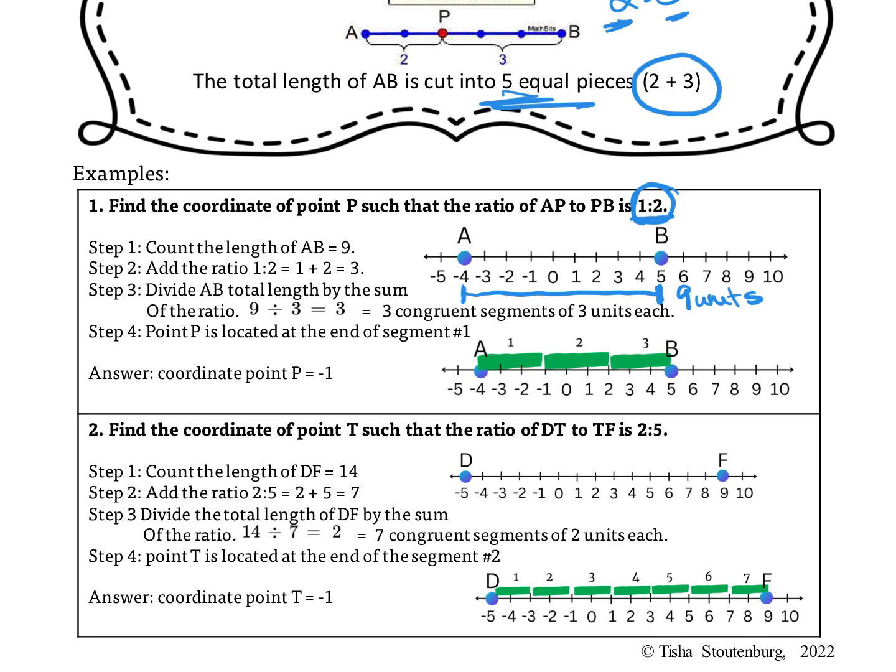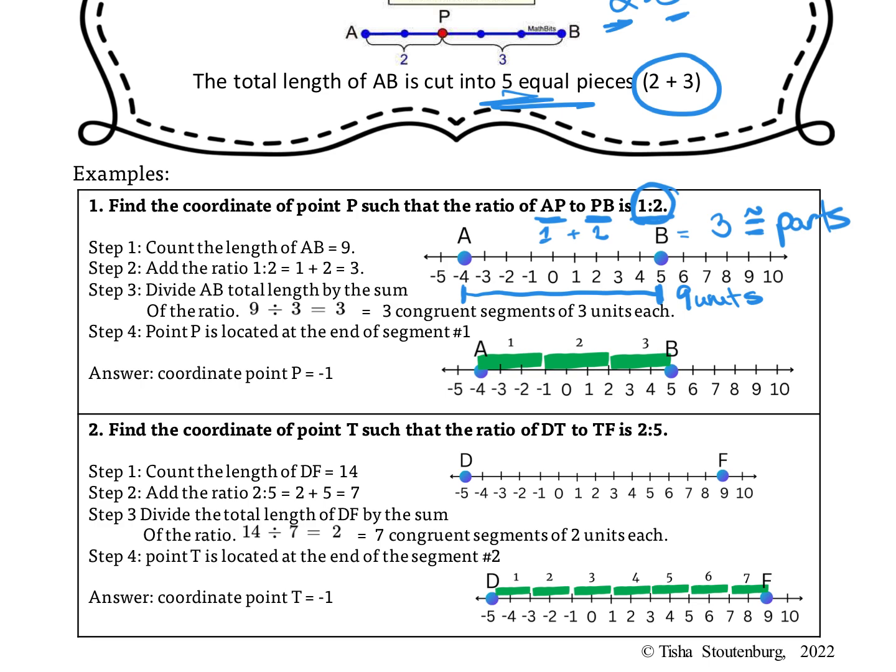Now somewhere, I'm going to put point P such that I have one segment from A to P, and then I have 2 segments from P to B. So that tells me I need a total of 3 congruent segments, or parts, or pieces, okay? So I'm going to divide AB into 3 congruent parts.